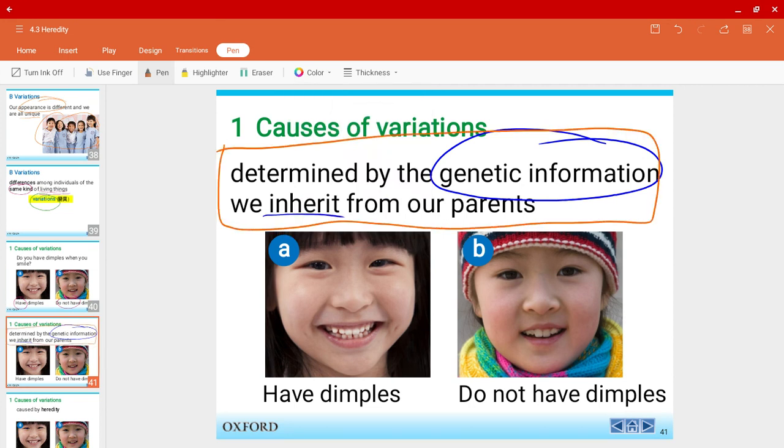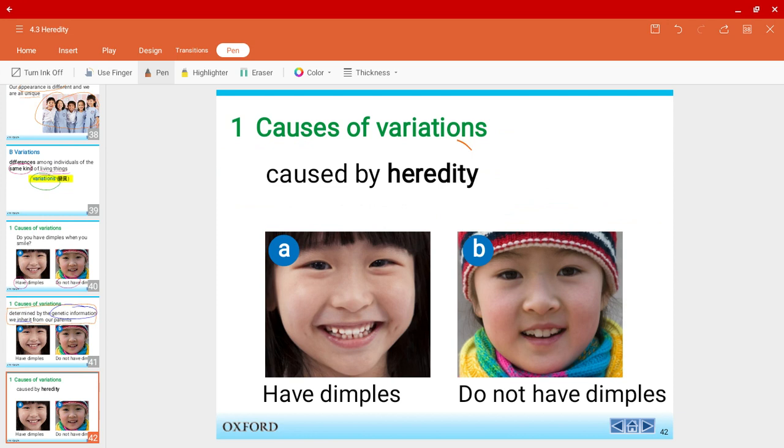We have a specific term for it. It is called heredity. So simply speaking, variations are caused by heredity. You inherit them genetically from your parents. The genetic information that you inherit causes the variations in us human beings and other kinds of living things, of course.